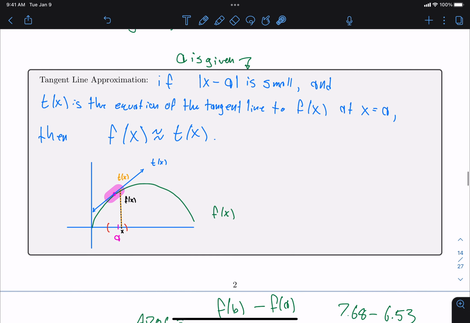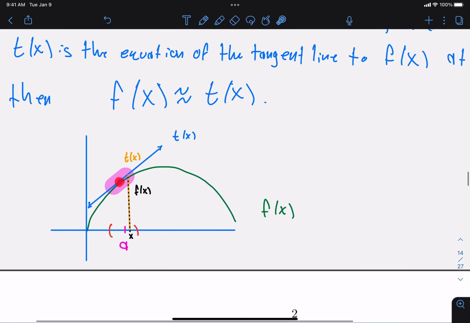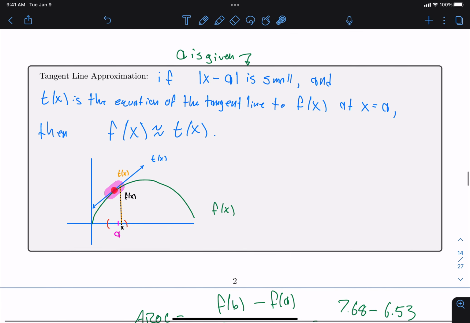So what was tangent line approximation? We said that we can draw this tangent line to a function at a given point, and if x minus a is small, what does this mean?